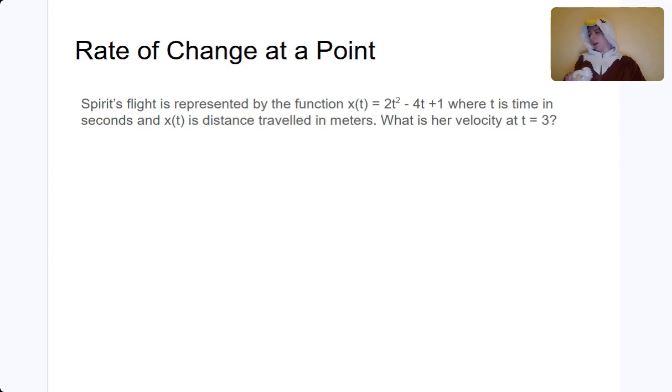Now let's try our first actual problem using this technique. So Spirit's flight is represented by the function x of t equals 2t squared minus 4t plus 1, where t is time in seconds and x of t is distance traveled in meters. What is our velocity at t equals 3? Well, we're going to want to create our change in y and our change in x. And for that, we need the x2, x1, y2, and y1.